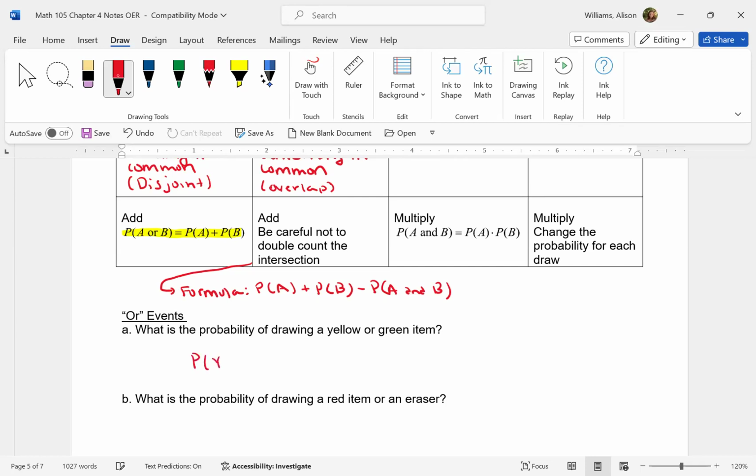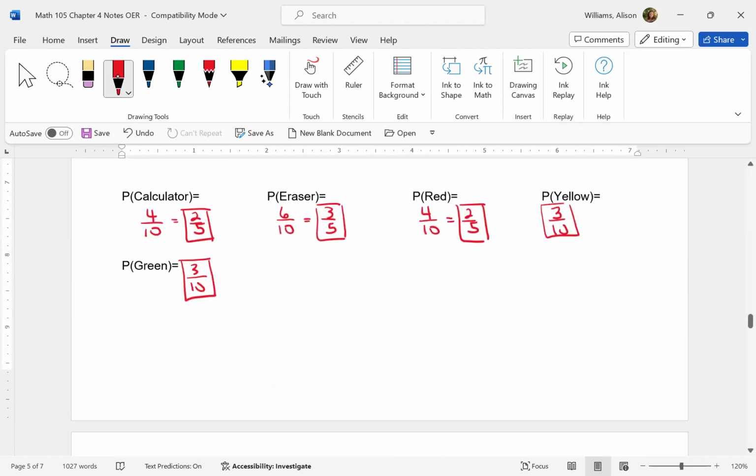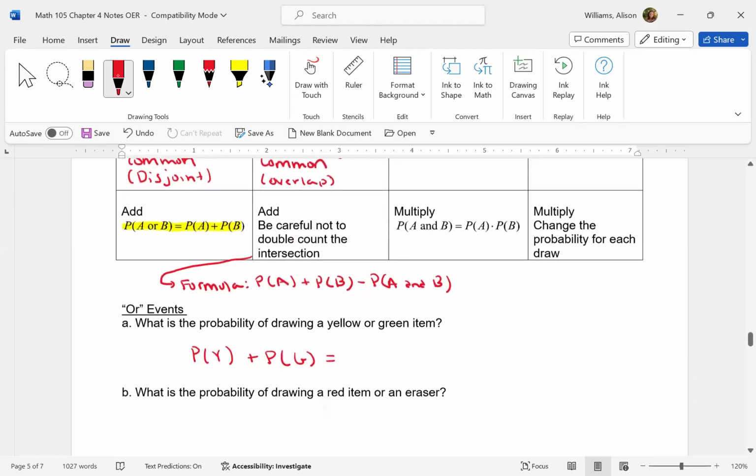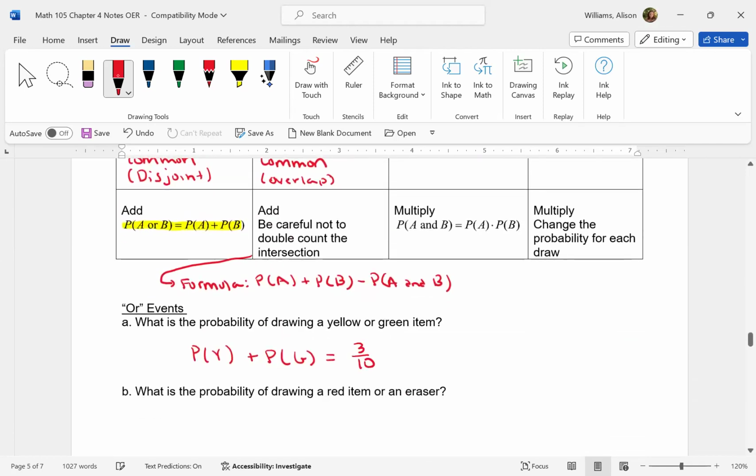We're going to find the probability of yellow and add it to the probability of green. The probability that something was yellow, looking back up here, 3 out of 10. And something that was green is also 3 out of 10. So that adds up to 6 out of 10 or 4/5.